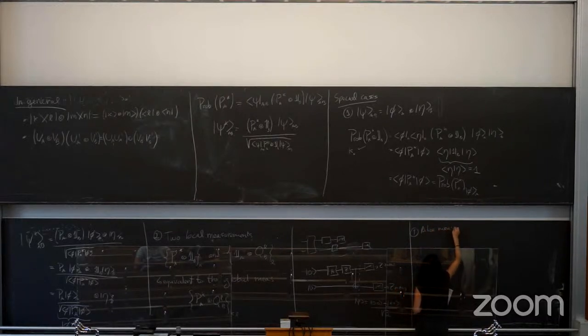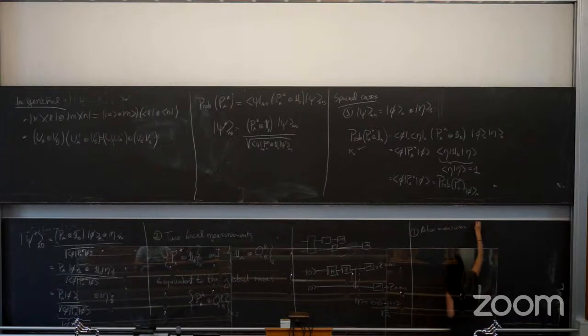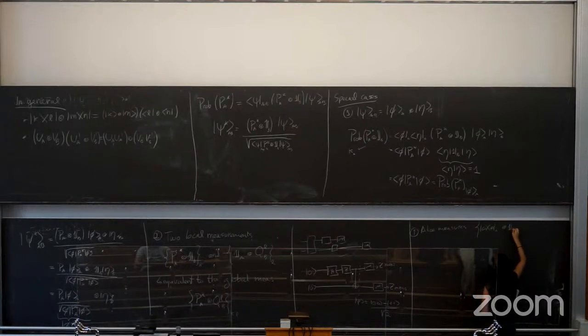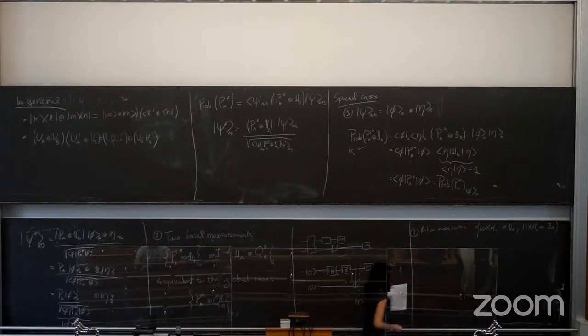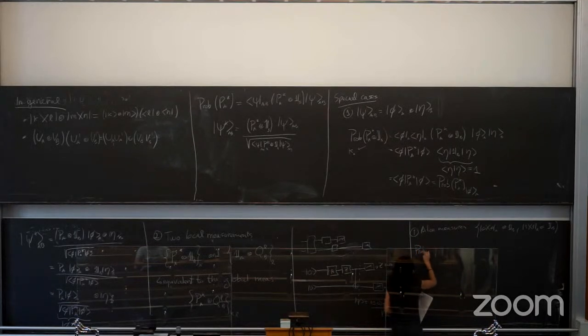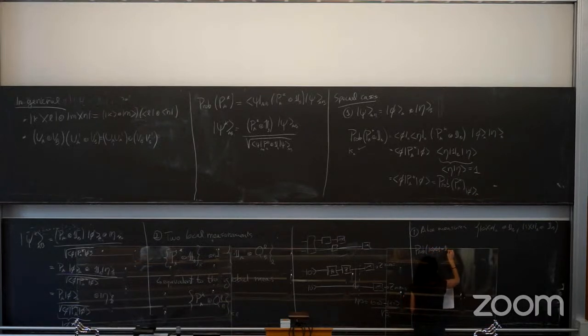The projectors, we saw it's a Z measurement, so it's |0><0| on A times the identity on B, and the other option is |1><1| on A times the identity on B. And let's just see what the probability is that she gets 0. So the probability of this for our state psi, which is this state here.